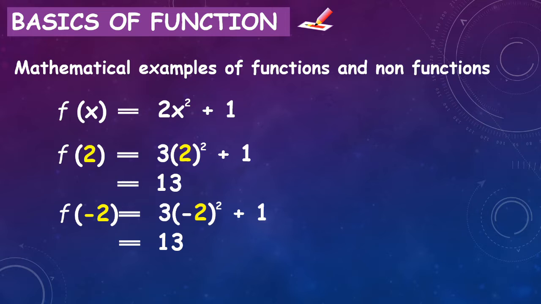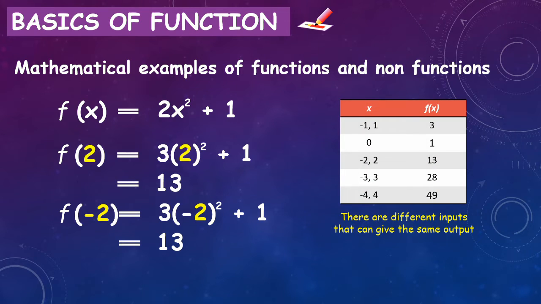So this shows that this equation has one output from many different inputs, or in this case, 2 different inputs. We verified with a few other inputs. If you look at the table on the right, there are several pairs of inputs that give you the same output. So therefore, yes, this is a function, a many-to-one function.